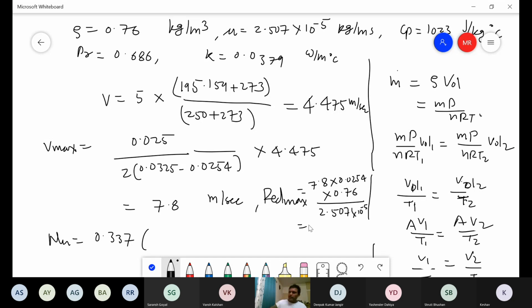So the maximum Reynolds number comes around 6006.03, into Prandtl number 0.686 raised to the power 0.36, into 1.